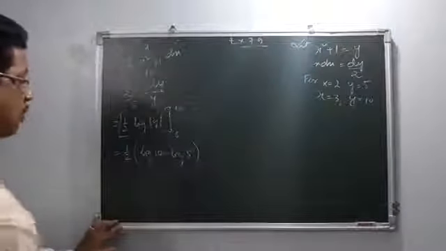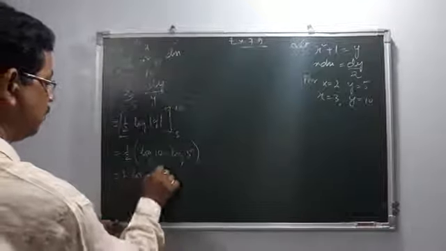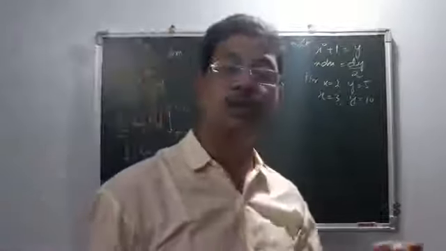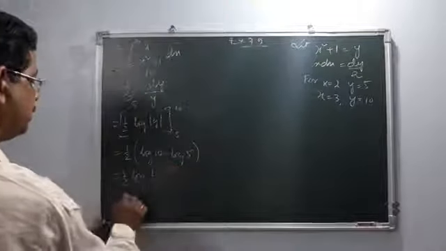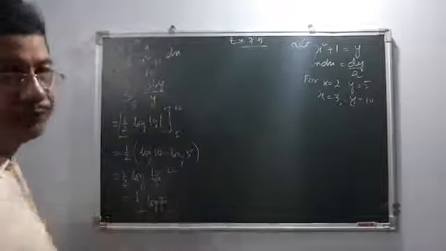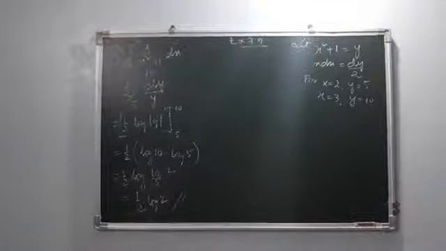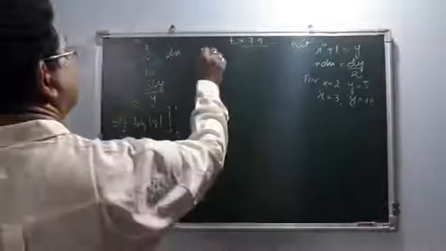Logarithm has a formula: log m minus log n is log m by n. So it is automatically this, and after cancellation half log 2 is your answer. So this is the answer of question number 13.